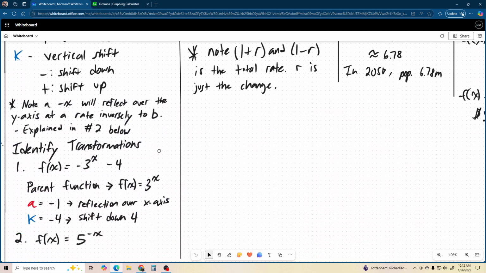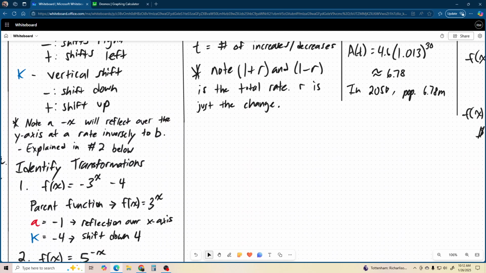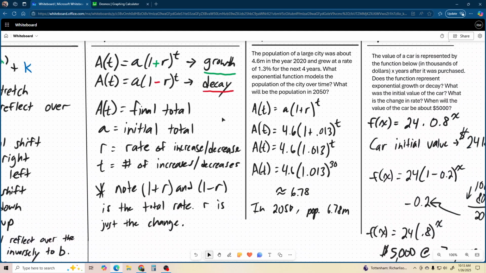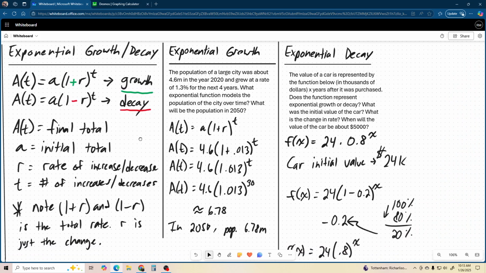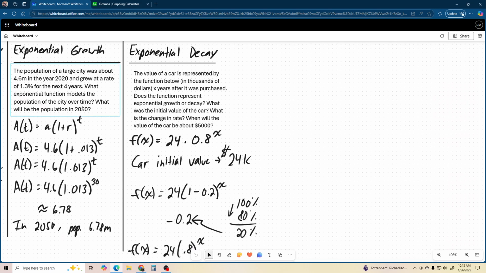And then we talked a little bit about what happens when x is negative, in that it's essentially a form of decay. Then we talked about what growth and decay look like as far as their formulas go. We did a problem with exponential growth, where we took the population and increased it over 30 years. And then we did exponential decay, where we looked at a graph, and we learned a lot just from looking at that graph.